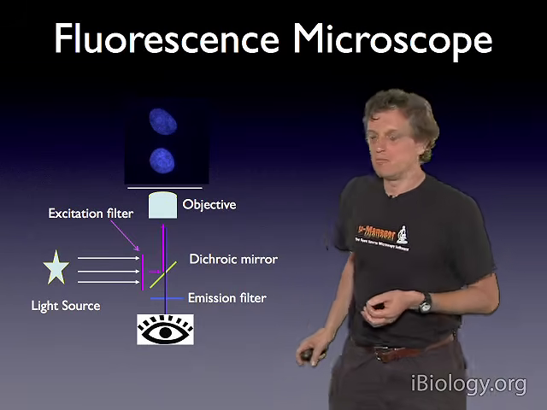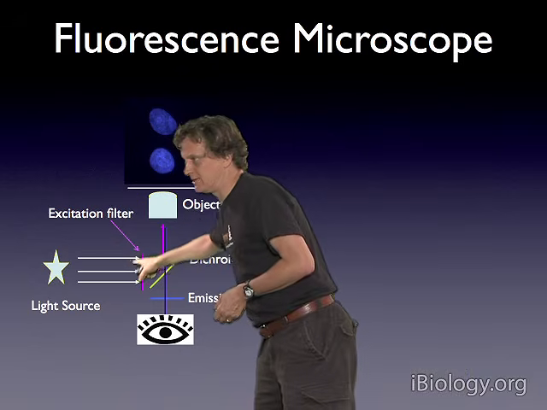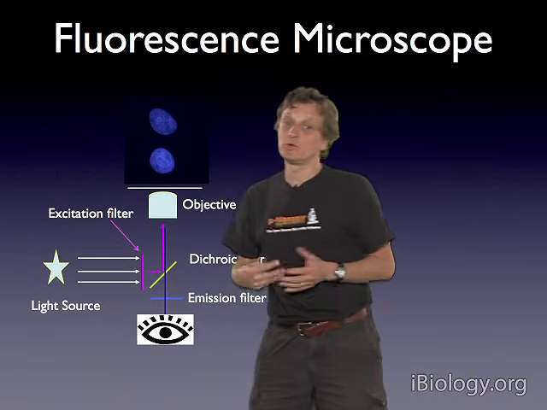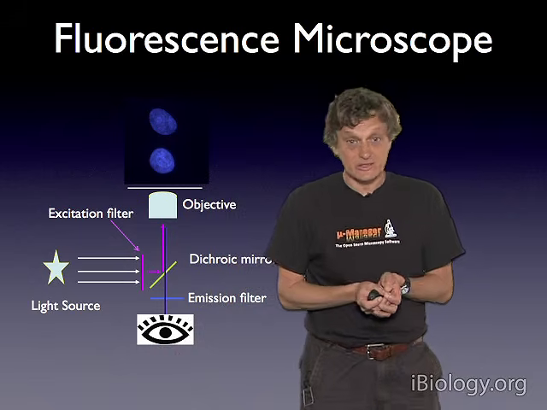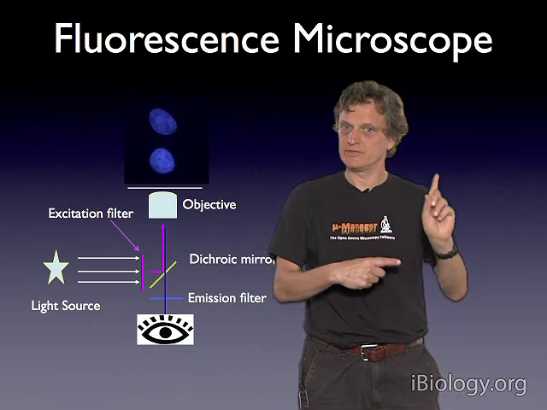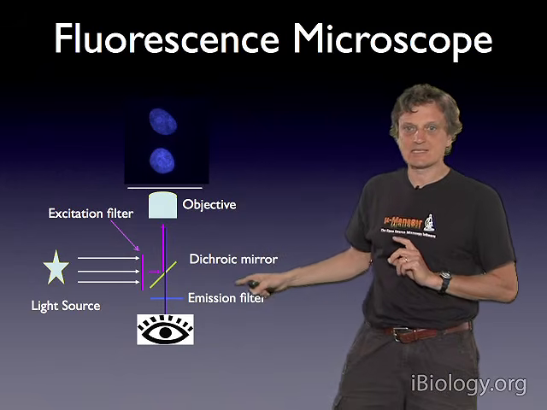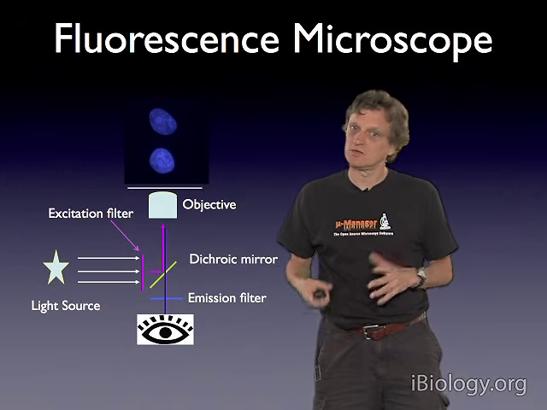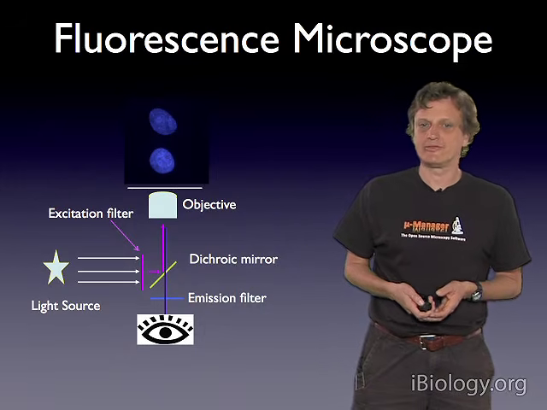So the most important aspect here, and the thing that makes it different from a normal microscope, is filters. And these filters need to be very good because they really need to discriminate this excitation light from the emitted light. So what options do we have there?